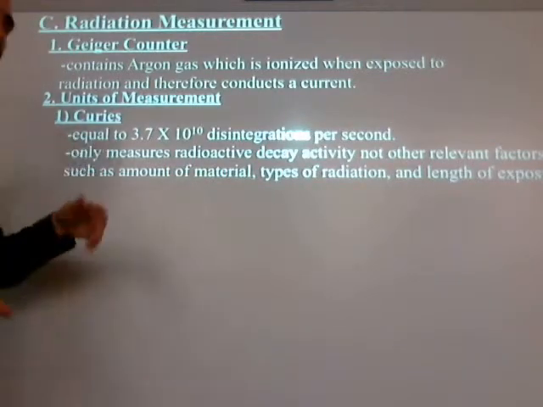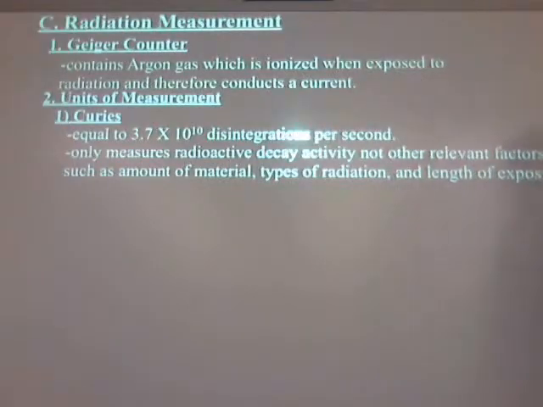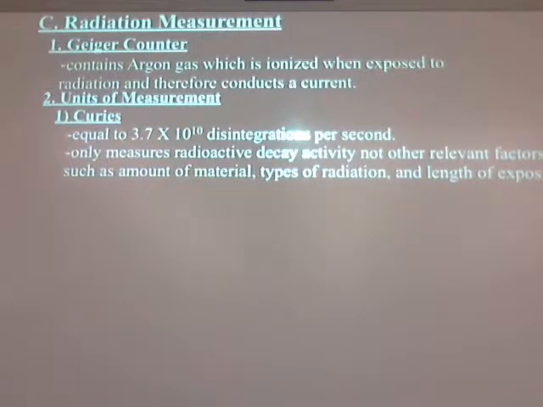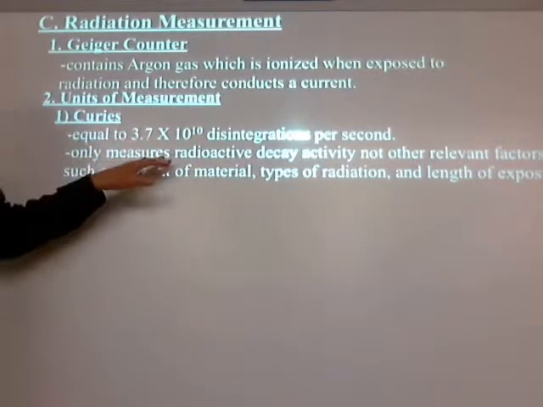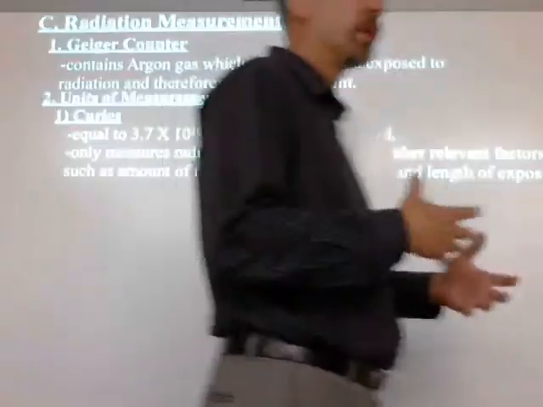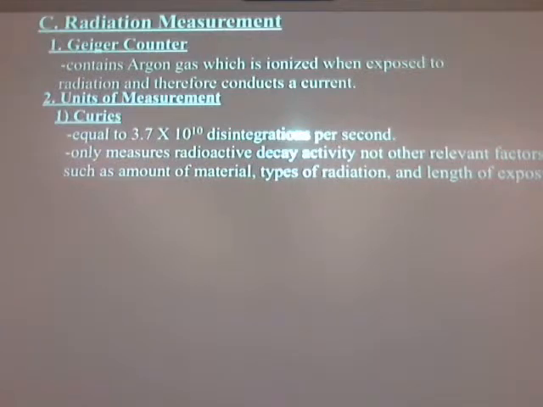Well, that's the person. Let's talk about the actual measurement. Curies measure basically the radioactive decay activity, but not anything else. Just how much radioactive decay is going on. So when you looked up numbers and saw, for Chernobyl, for example, that more Curies of radiation were given off than in Nagasaki and Hiroshima combined times 100 or times 1,000, it seemed a little hard to believe.